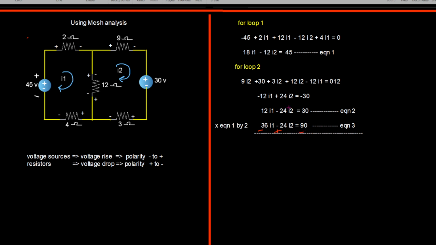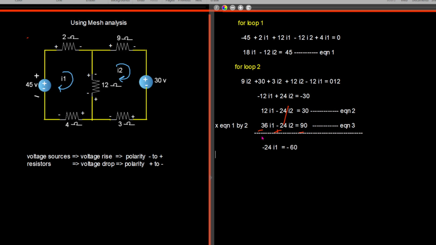Okay, so these two get cancelled, and you will get minus 24 I1, that is equal to minus 60.